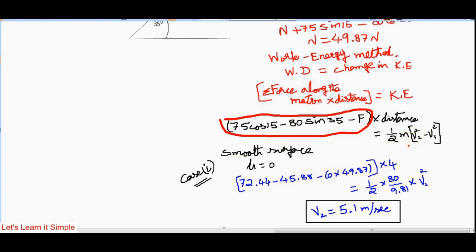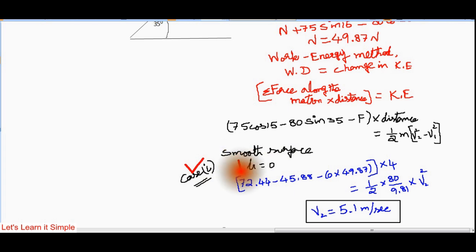Initially, the system is at rest, therefore v1 will become 0. The problem is solved by assuming two cases. Case 1, it is a smooth surface, which means coefficient of friction equal to 0, which in turn results in force of friction as 0.